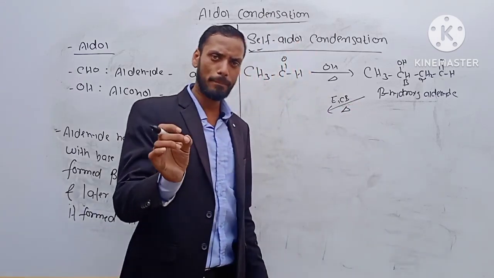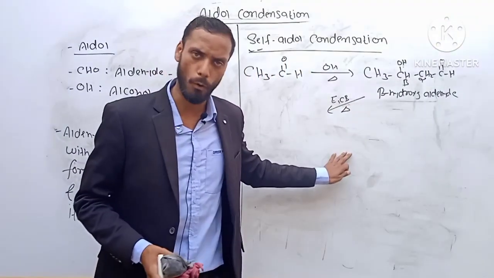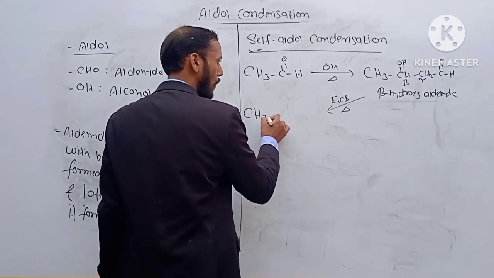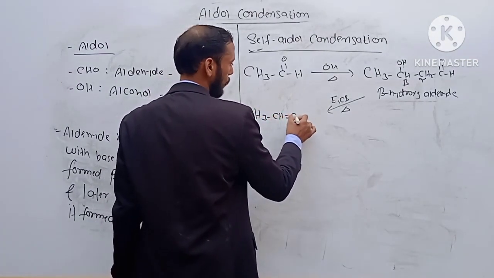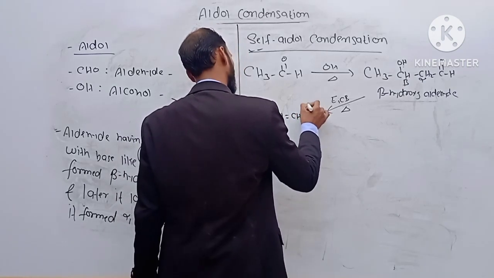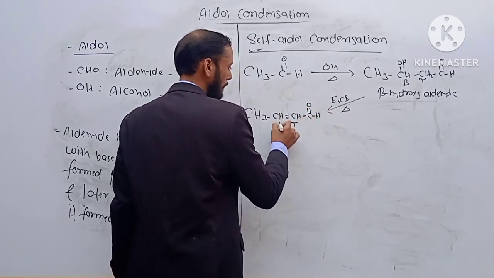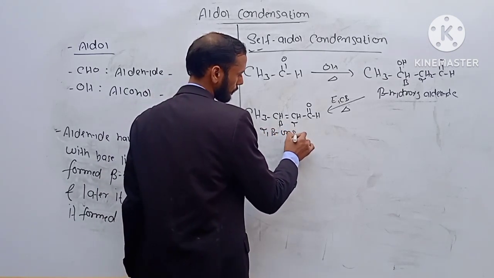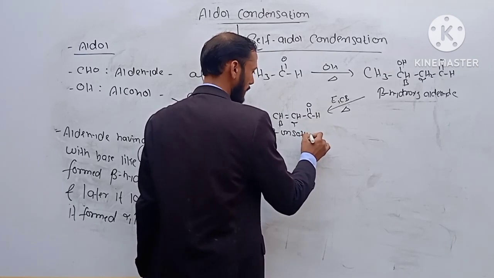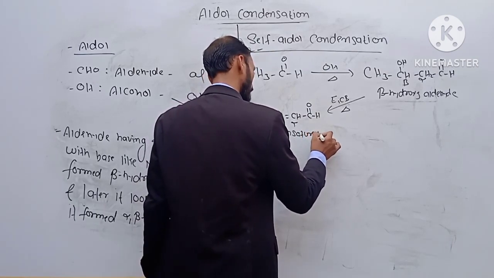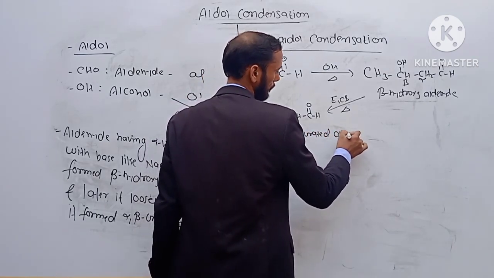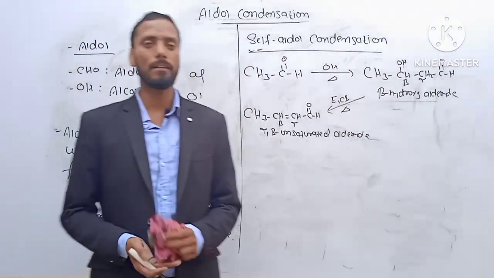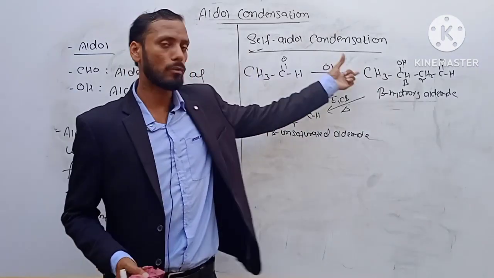I'll explain with the help of the mechanism, so don't worry about it. It loses the water molecule and forms CH3CH double bond CH C double bond OH, alpha beta unsaturated aldehyde. Now with the help of the mechanism we will know about self aldol condensation.